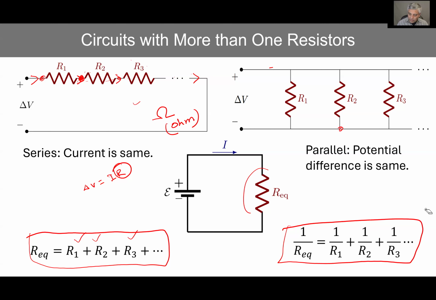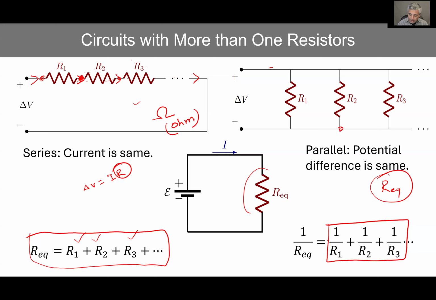Often students do this math and think that is R equivalent. They forget that it is not R equivalent. Rather, it is 1 over R equivalent, so you need to invert it.